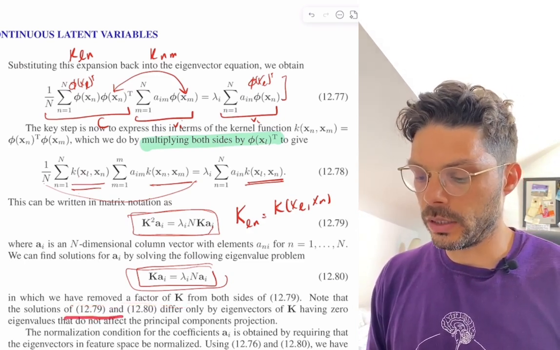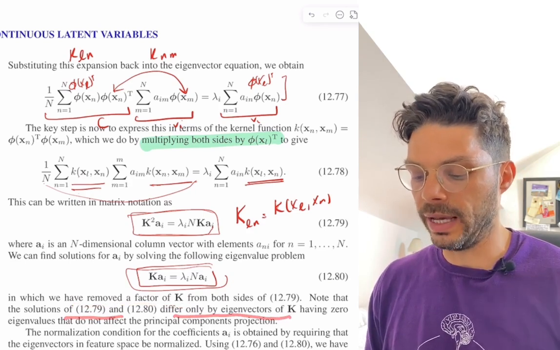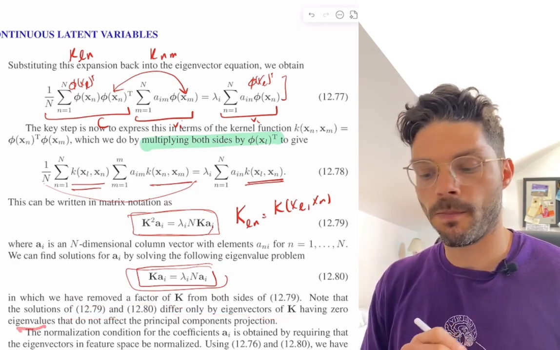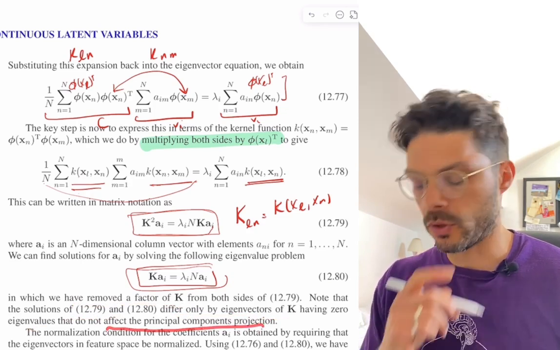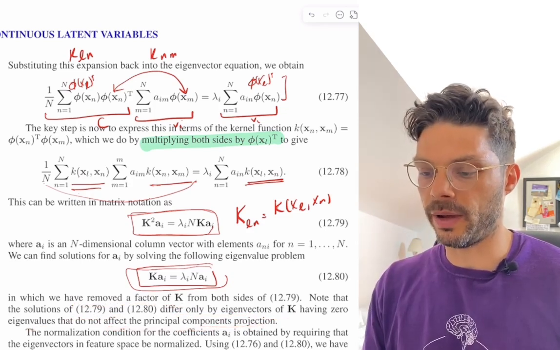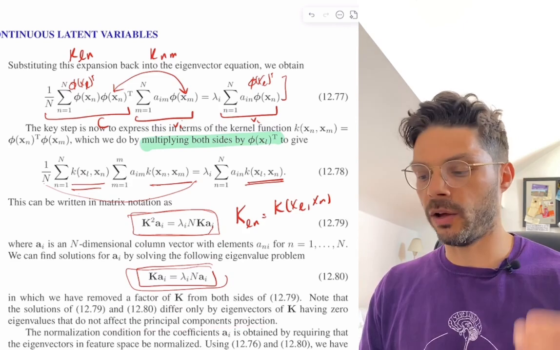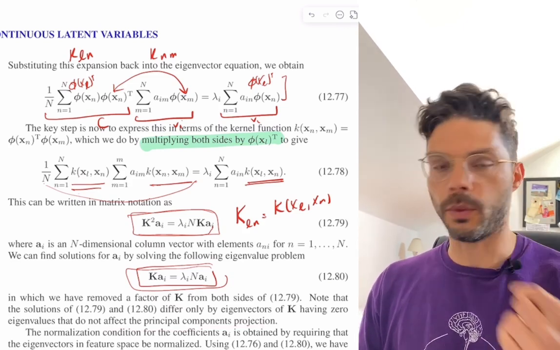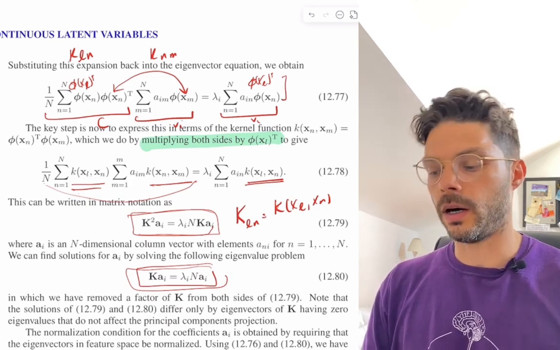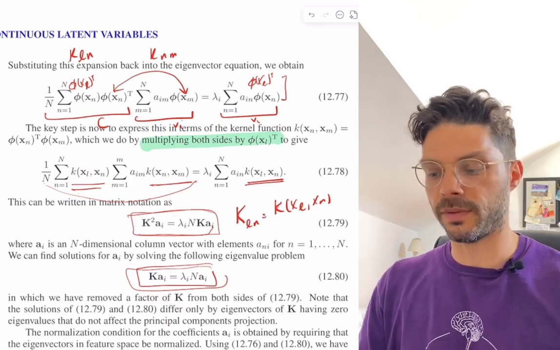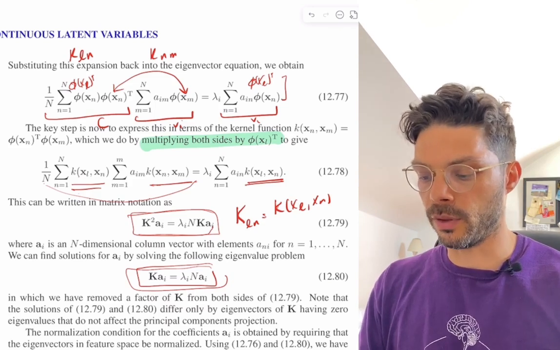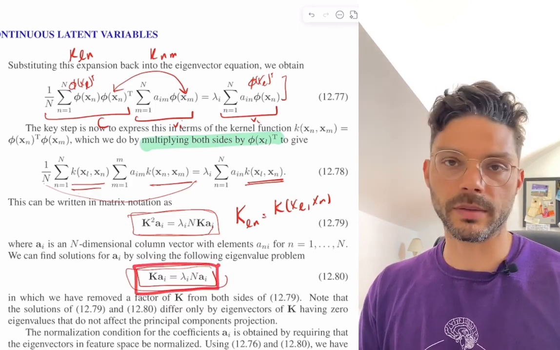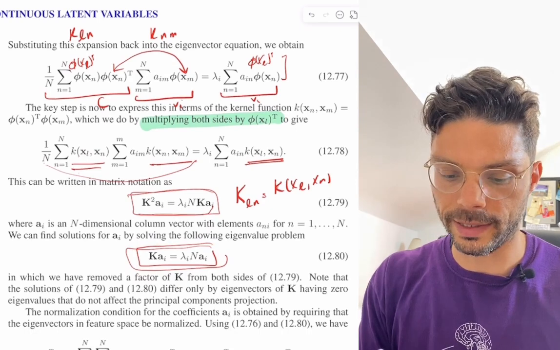Note that the solutions differ only by eigenvectors of K having zero eigenvalues that don't affect the principal component projection, right? So it's going to be possible that we have eigenvectors with zero eigenvalues, but they're not going to matter for what we're doing. All we care about are the eigenvectors that correspond to positive eigenvalues, and for those, they will also be solutions to this.